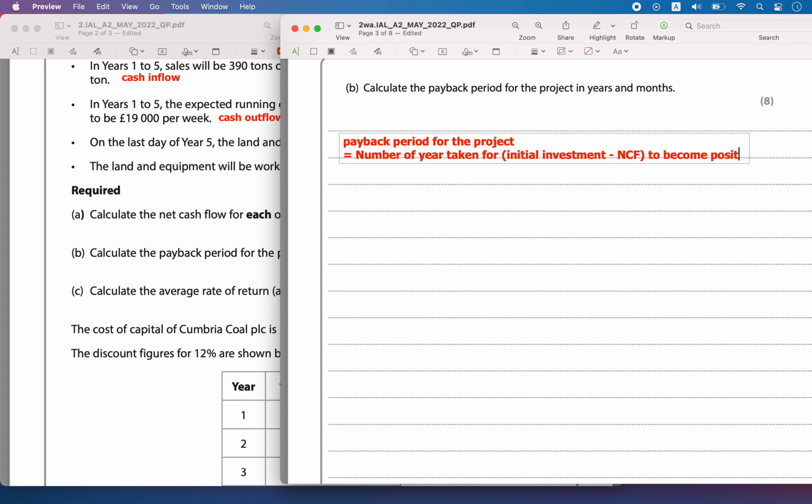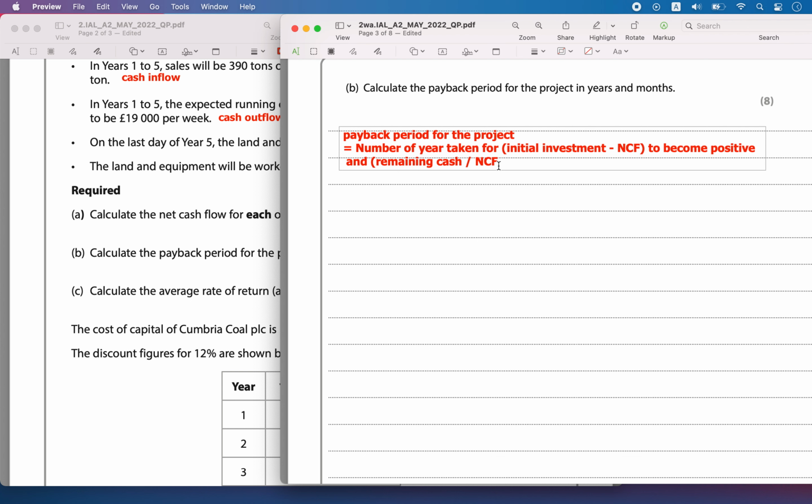The number of years it takes to become positive represents the payback period in years. For the months, you take the last year in which a remaining balance is left over, and divide that remaining balance by the net cash flow, times 12. That will give you the months.